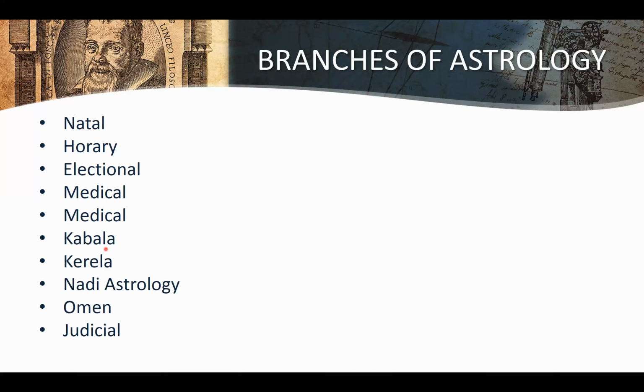Certain numbers have been allotted for different zodiacs. Certain numbers have been allotted for the different letters of the alphabet. And by adding them, you can predict different events in the life of an individual. Sometimes people come for changing their name, changing the name of their shop, changing the name of their properties. So all this can be advised by Kabbalah astrology.